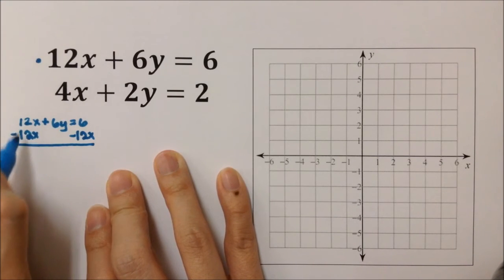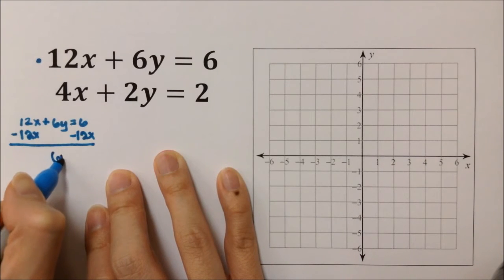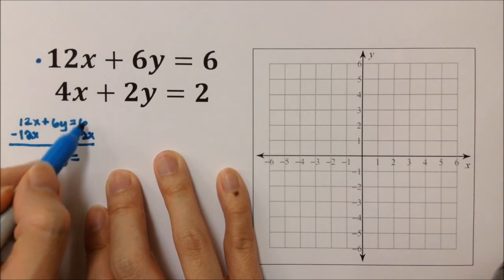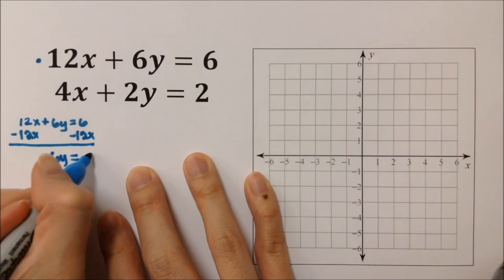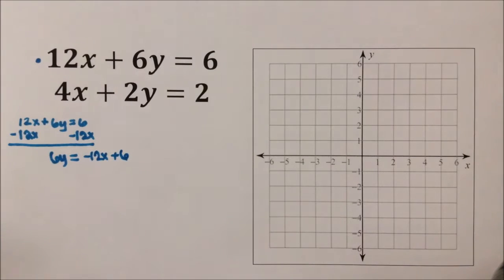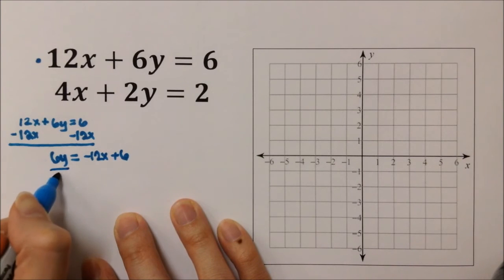So on the left side, the x cancels out, and all I have is just 6y equals 6 minus 12x, which can't be combined because it's a variable and a number, so it simply becomes negative 12x plus 6. And if I want to get y by itself, I'm going to divide everything by 6.